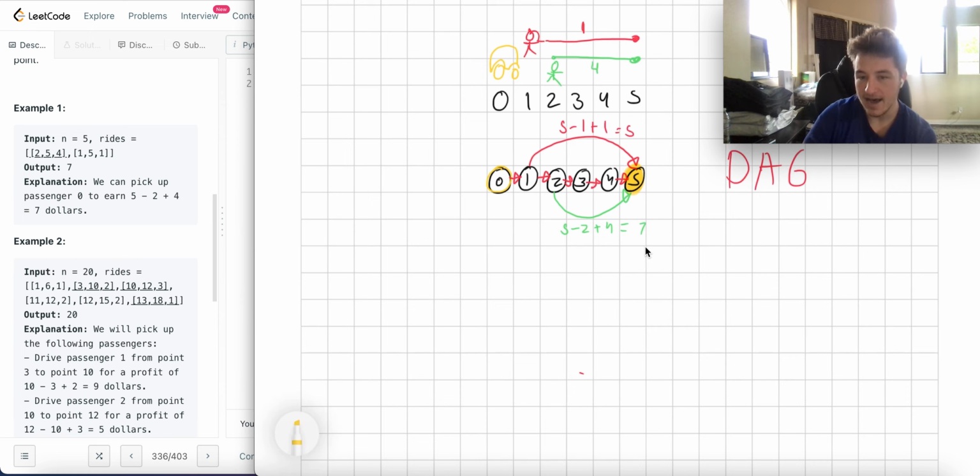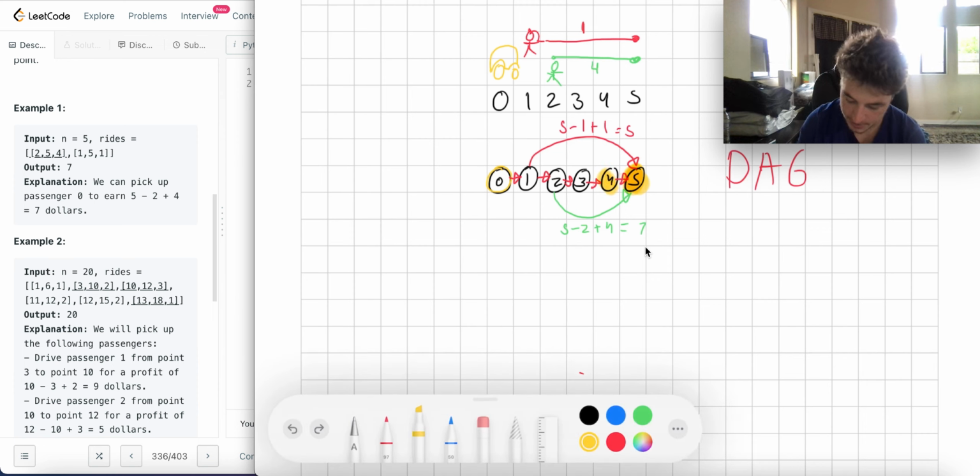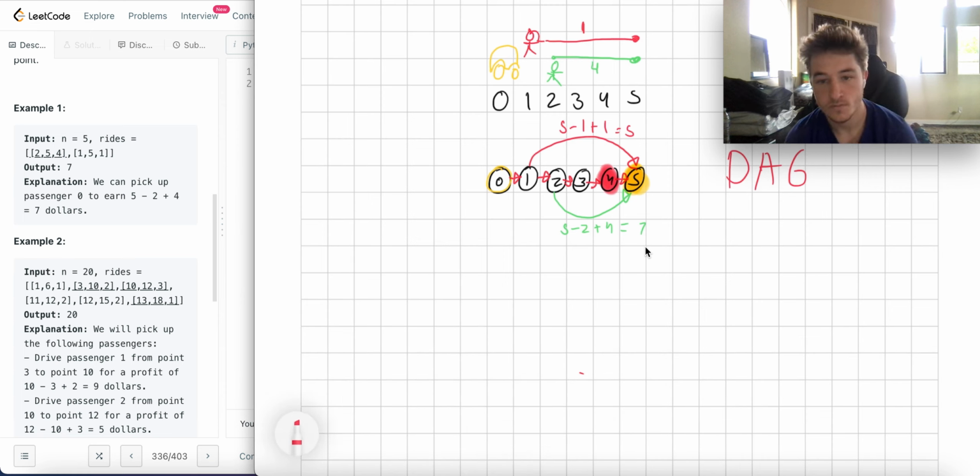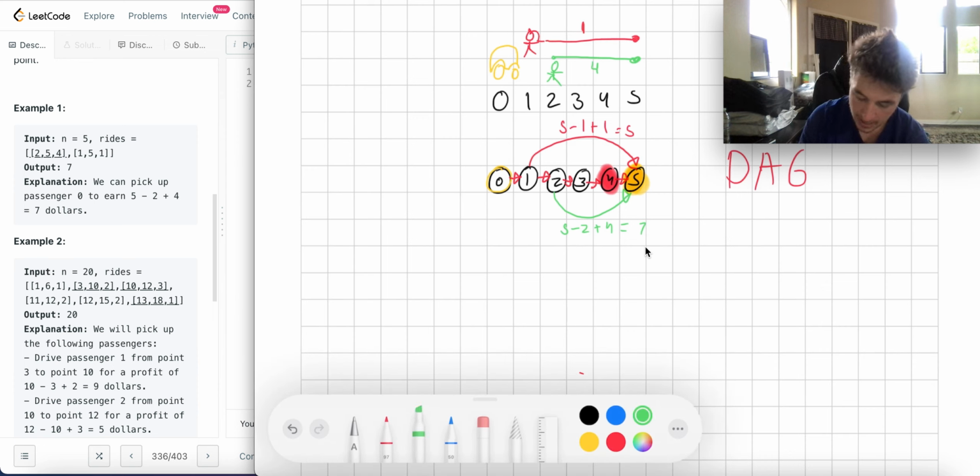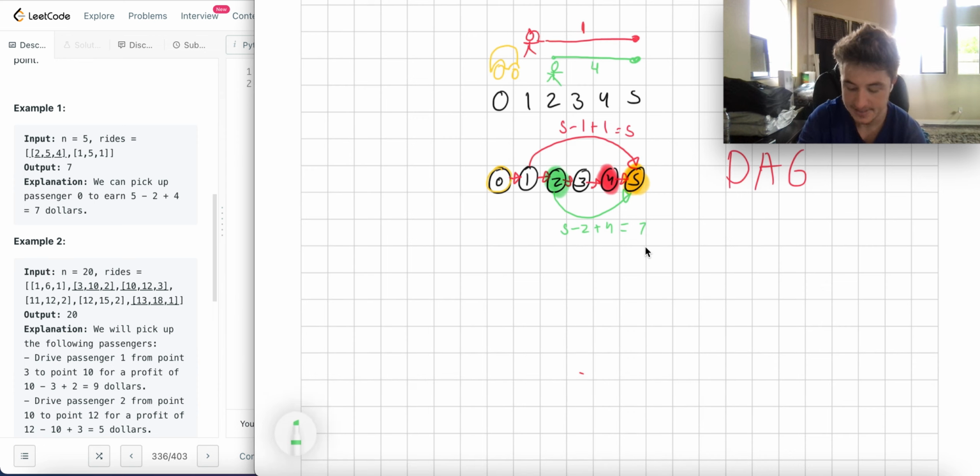Well, if 5 is the end time, meaning 5 is a time where I drop somebody off, if I'm in this state, there's only 3 ways I could end up in this state. Does that make sense? Either I was at state 4 before and skipped, and that's how I got to 5, or I took passenger 2 and I had to skip all of these links.